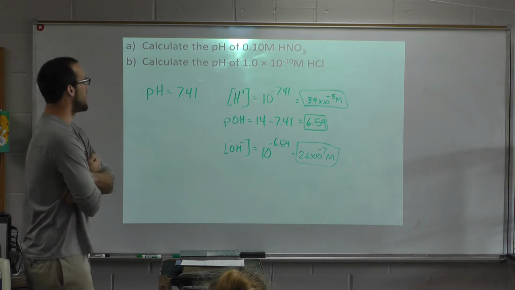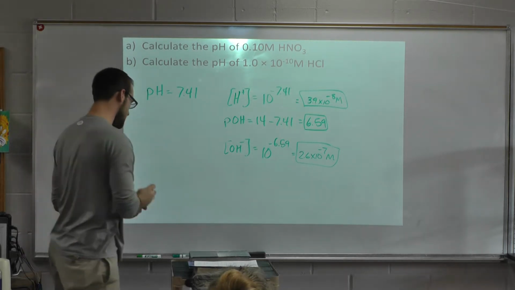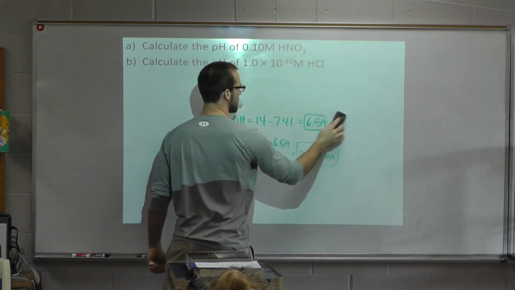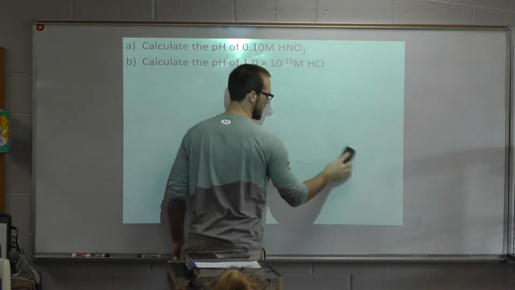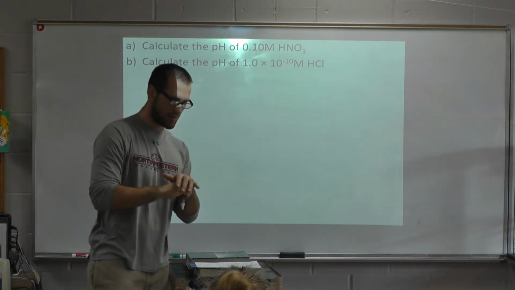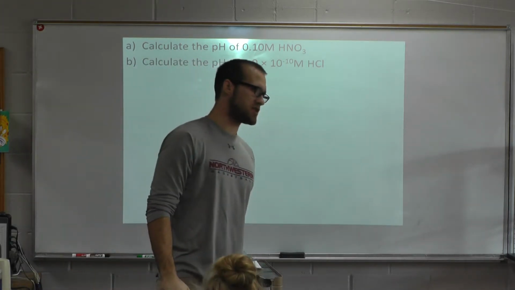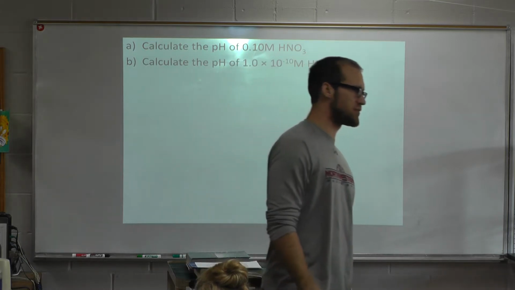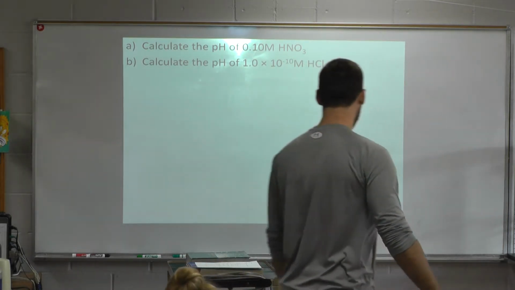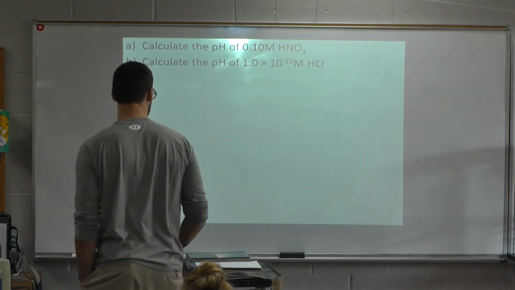Well, actually, no. I do need to show you one of these, because the second one isn't 10. So I need to introduce something that's really important here, which is this idea of what the major species are within an aqueous acid-base situation.